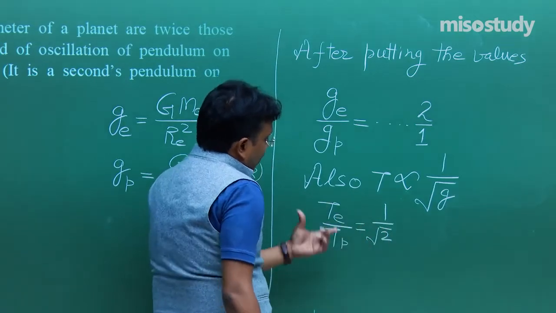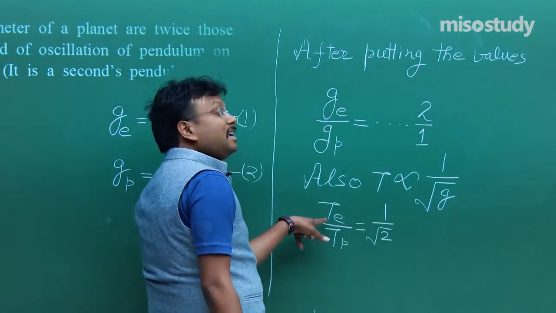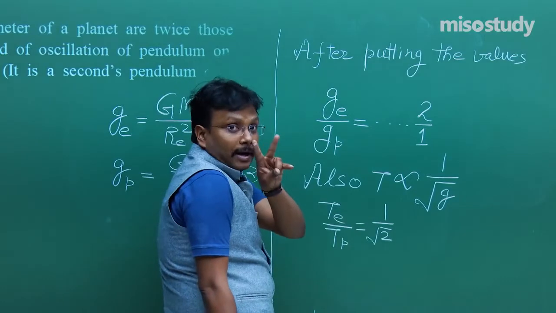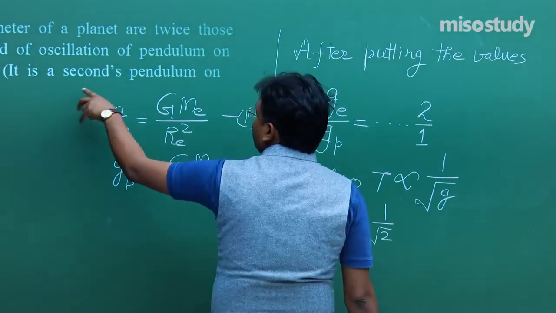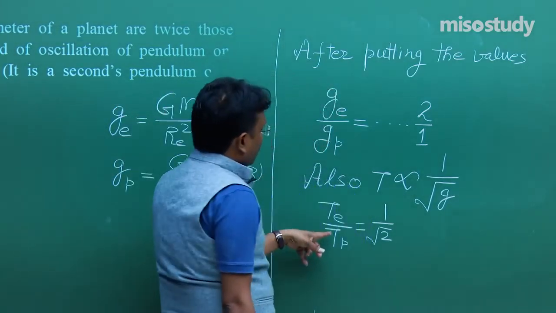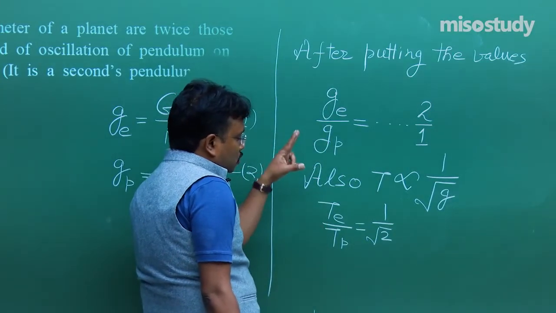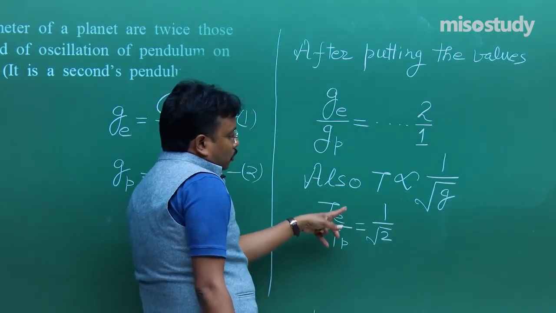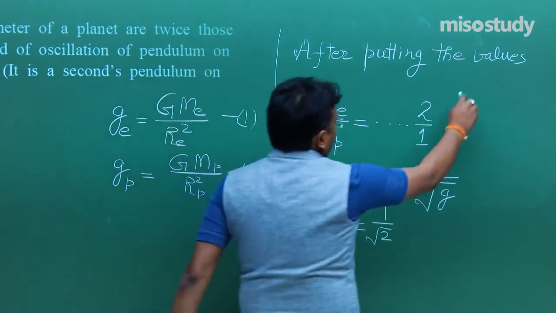So from here if you use the value of TE, TE is 2 seconds. Why? Because it is given, it is a seconds pendulum. So we can say as the value of TE is 2, so TP is equal to 2 root 2, fine.